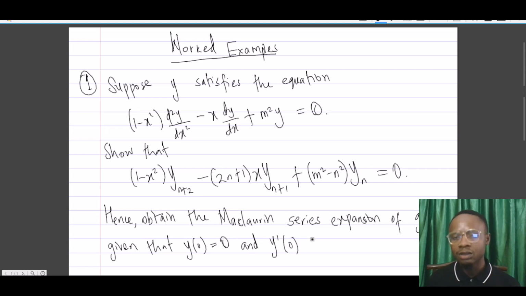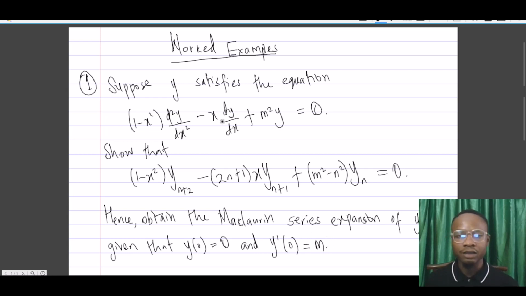Sorry, did I write G? Where is G coming from? Obtain the Maclaurin series expansion of y, given that y of 0 is 0 and y prime of 0 is m. Right, so that's the question.